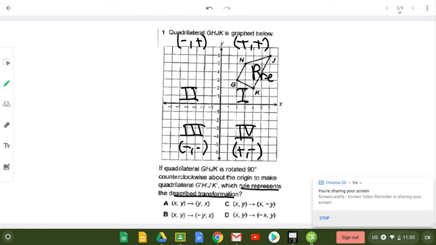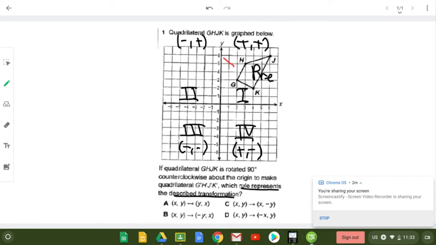All right, now at this point, what I would suggest is to label your turns, or how many degrees you have to move around this coordinate plane to show that you moved 90 degrees.